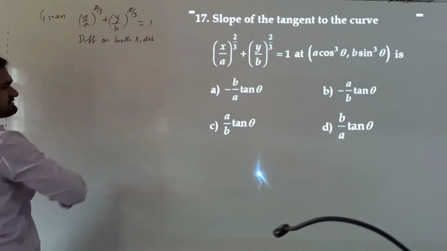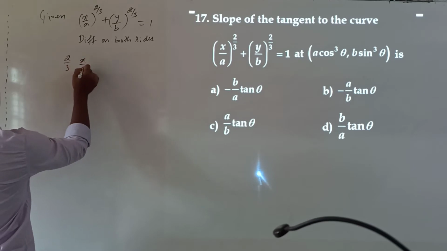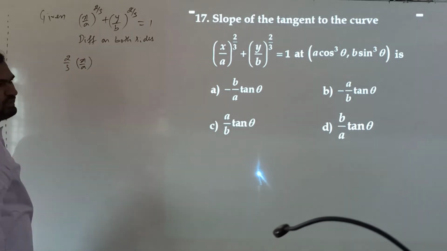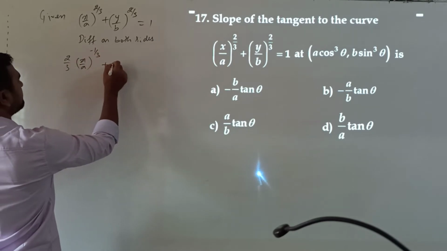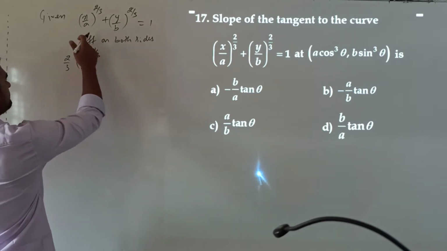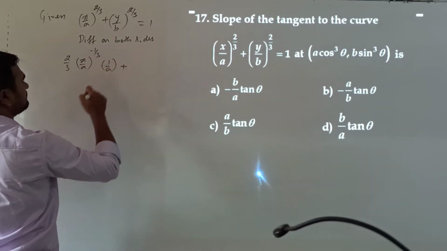The derivative of (x/a)^(2/3) is 2/3 into (x/a)^(2/3 minus 1), that is minus 1/3, into the derivative of x/a. So this derivative of x/a is 1/a.